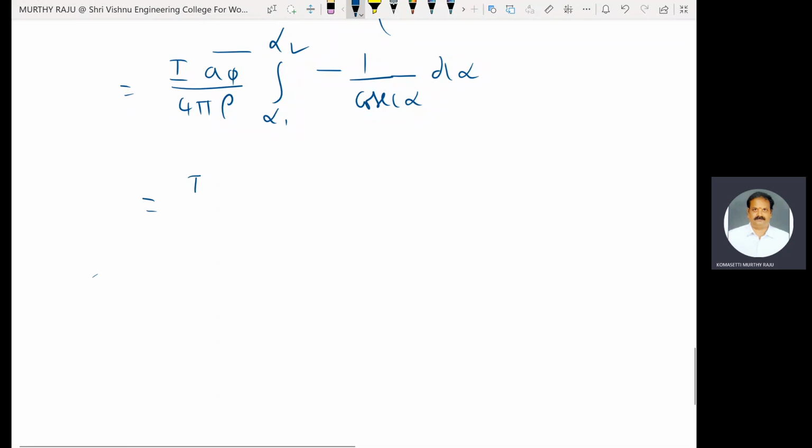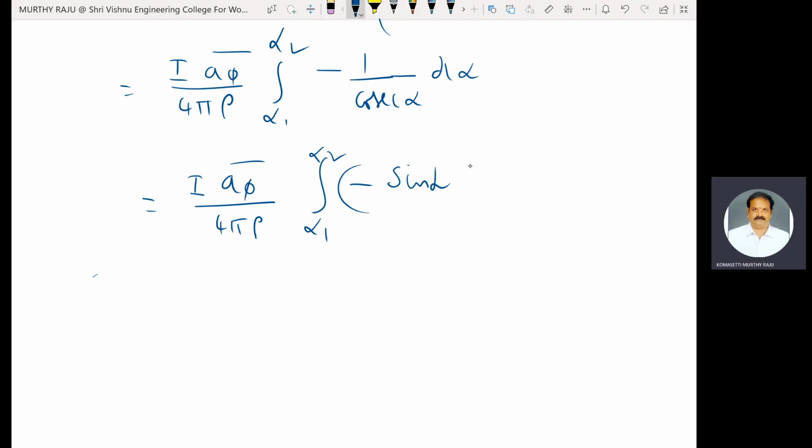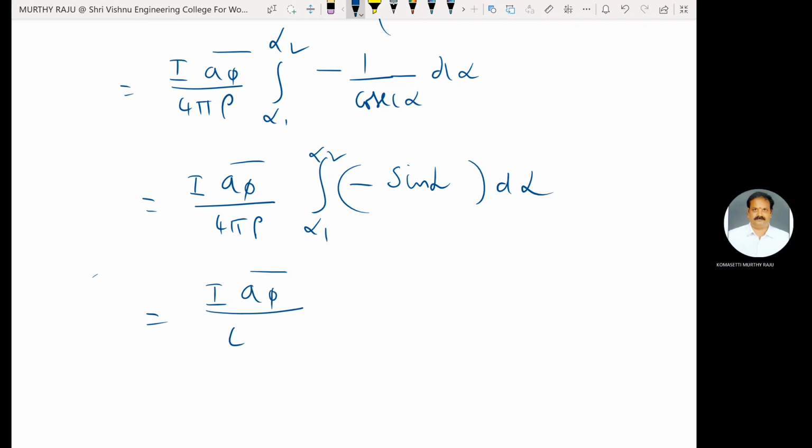That is equal to I a phi by 4 pi rho, integral of minus sin alpha d alpha. The integral of sin alpha is minus cos alpha, and the minus signs cancel.